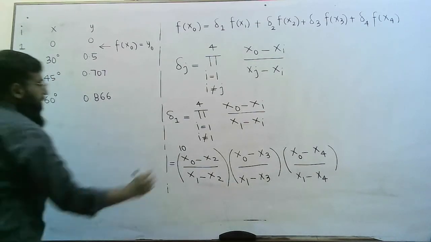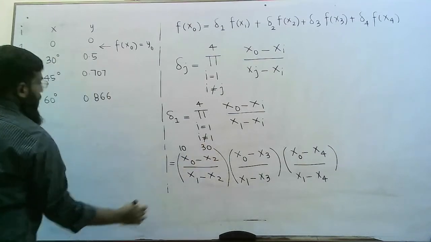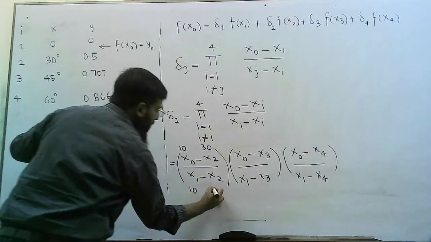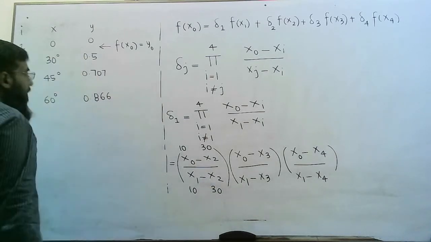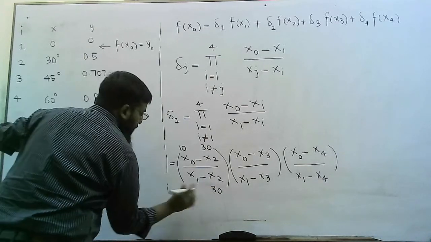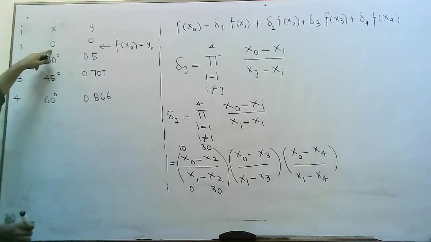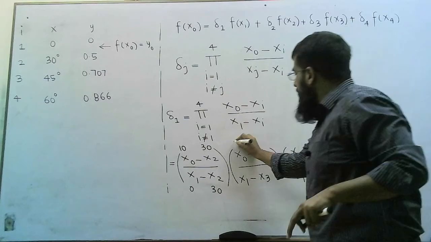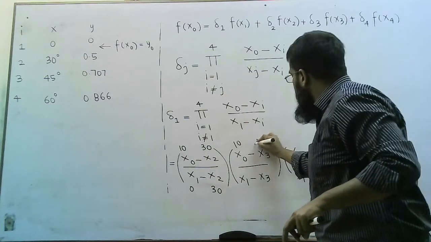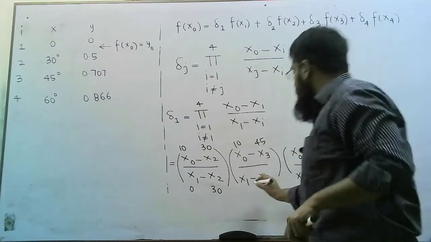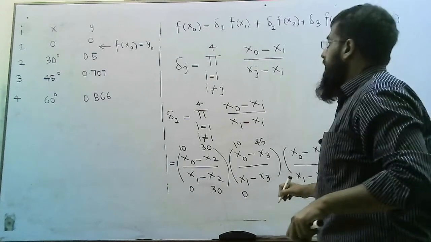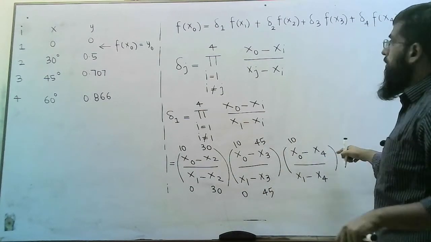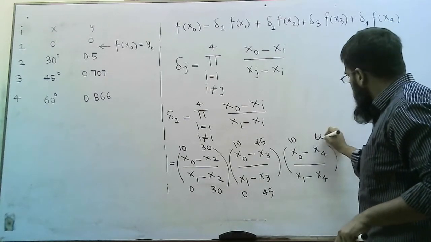So x naught is 10 and x1 is 0, x2 is 30, x3 is 45, x4 is 60.